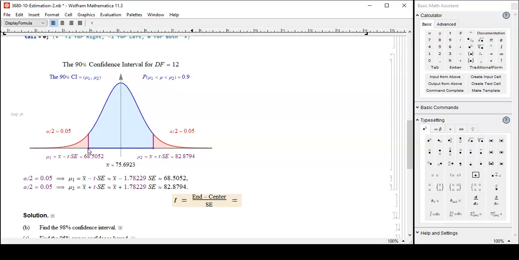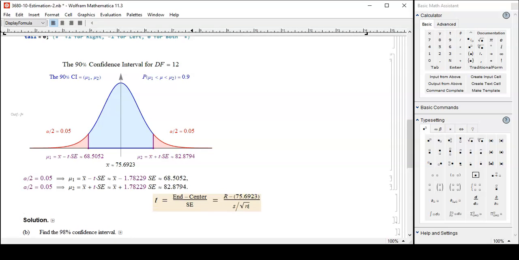Let's see, left-hand side L, right-hand side R. Let's use R, right-hand side. And the center here is the point estimate. In this case, 75.6923. All right. Divide by the standard error. It's going to be S over square root of n.